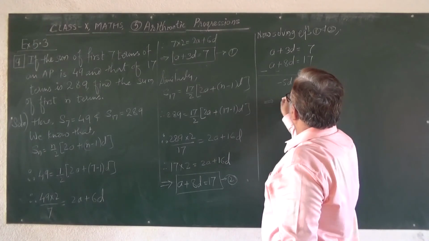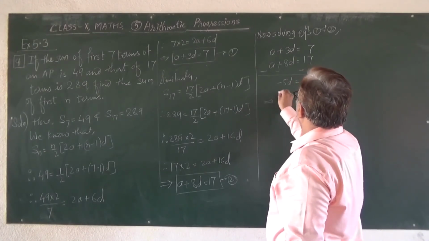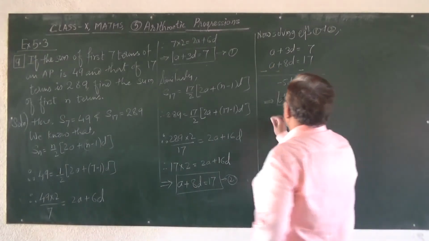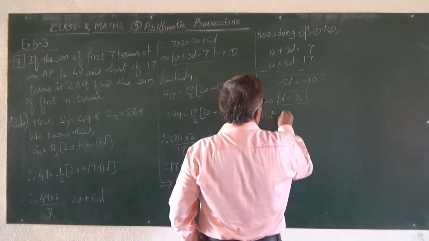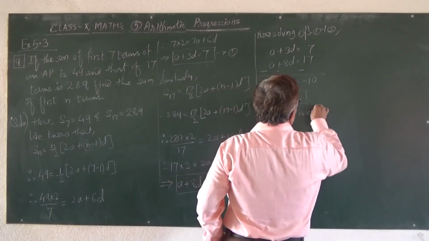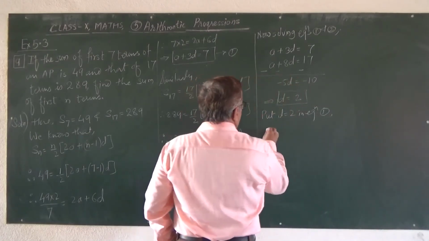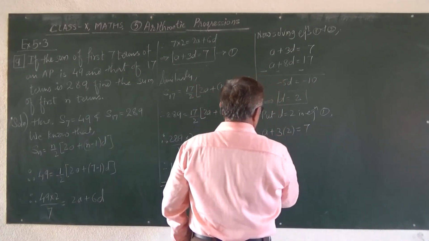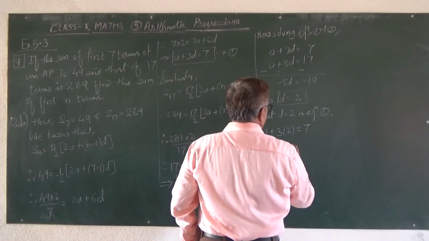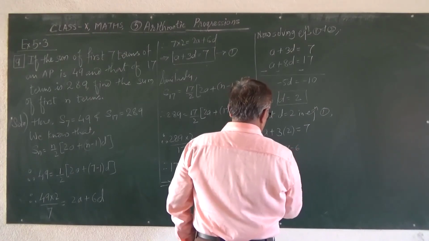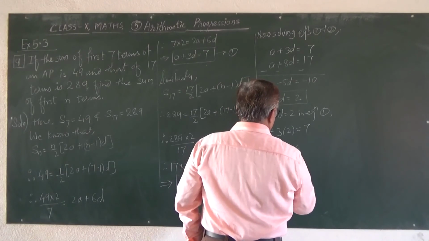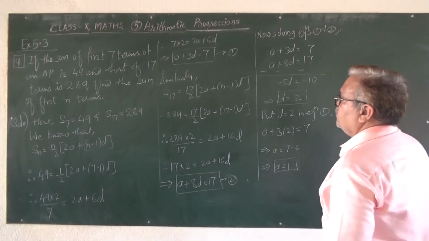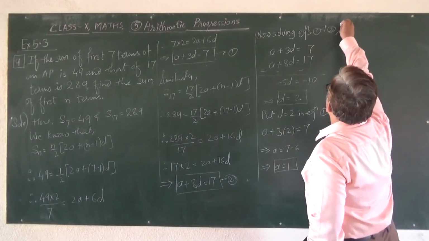So it implies that d is 2. Now put d is equal to 2 in equation 1. So you will get a plus 3 into 2 is equal to 7. A is 7 minus 6, which implies a is 1. So you know a and you know d. Now you want to find the sum of the first n terms.